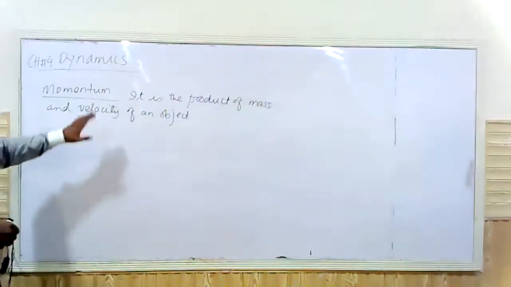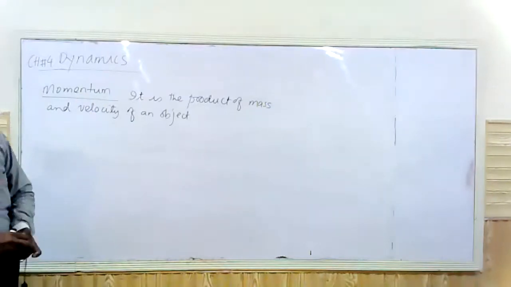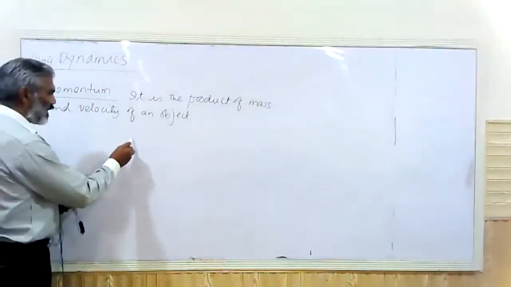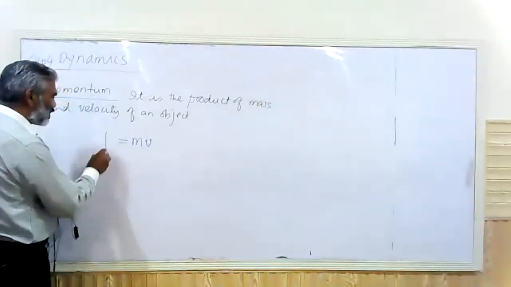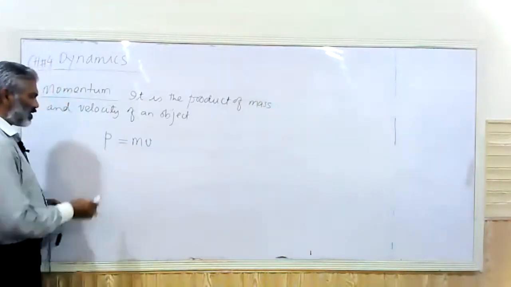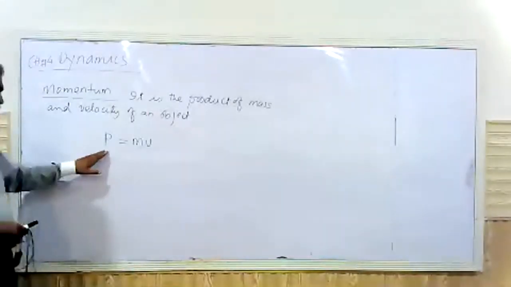Because we are saying velocity, it's not speed. That means momentum is a vector quantity, because when I multiply mass with velocity, the resultant quantity must be a vector. So this is the letter small p.